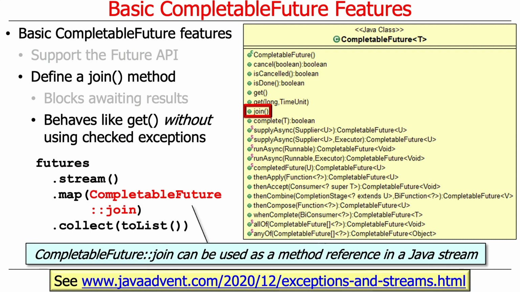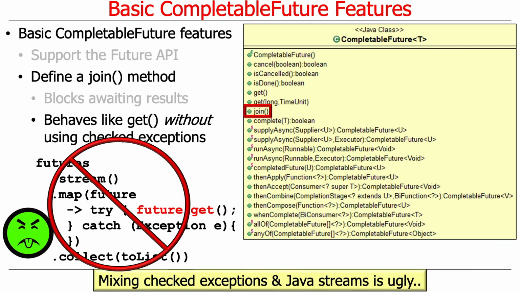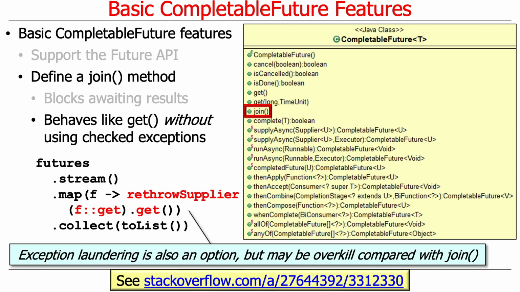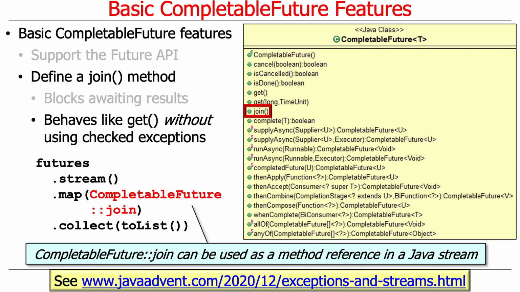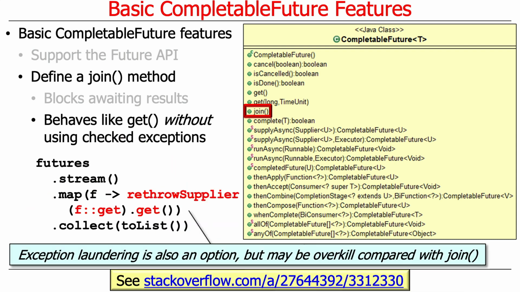Compare that with this. This is obviously much cleaner, much easier to work with. You could try to use get with exception laundering as described at this link, but that's really overkill compared to this nice, clean join call, which uses runtime exceptions. So it's a little teeny-weeny minor improvement over what you get out of the box.